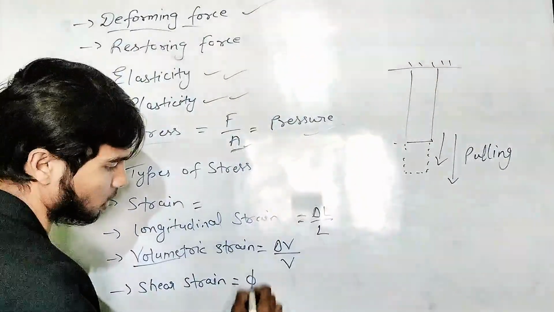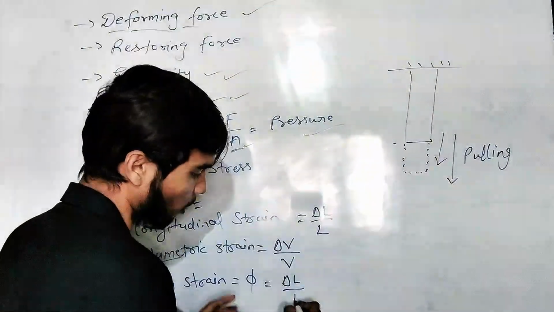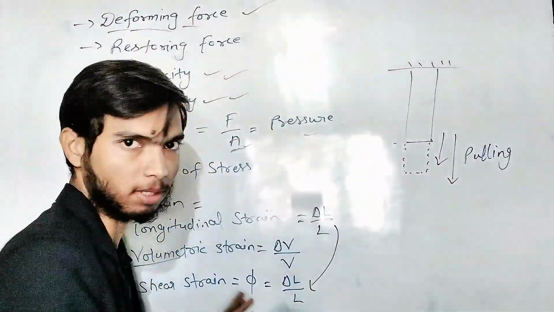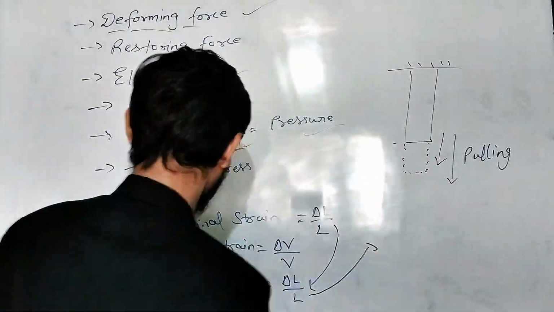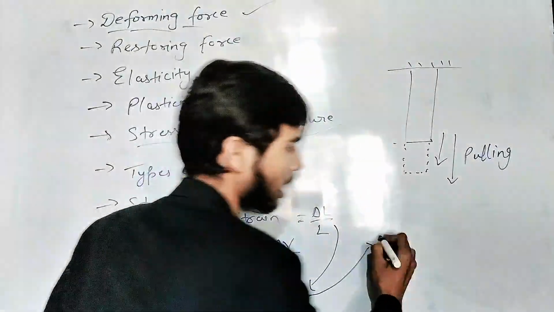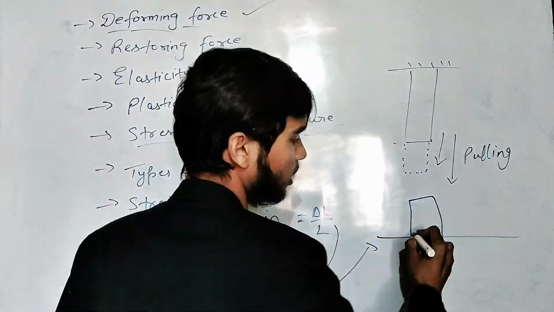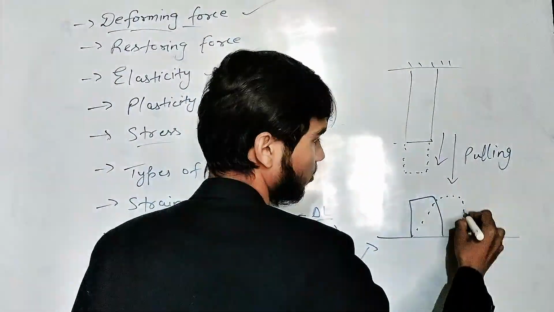Here you will see this is a phi, and it is equal to change in length upon original length. Both are not equal, brother. I can draw a figure for this shear strain. It looks like this. Original was over here, and finally it came over here.